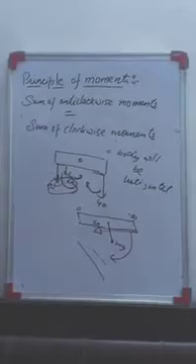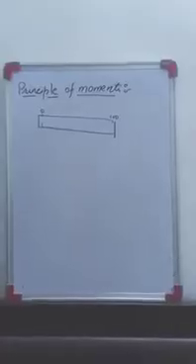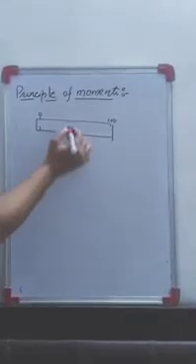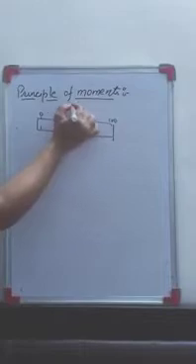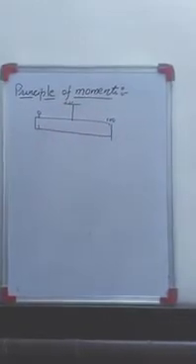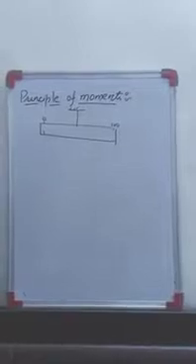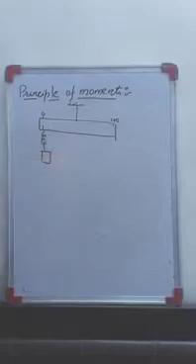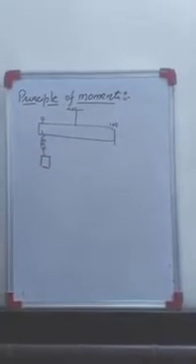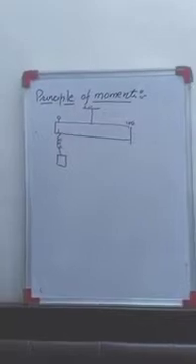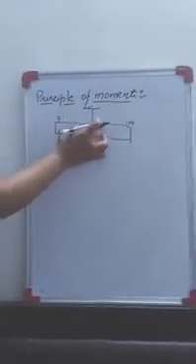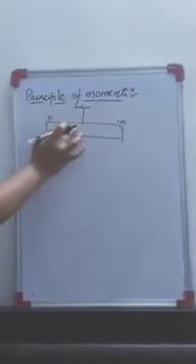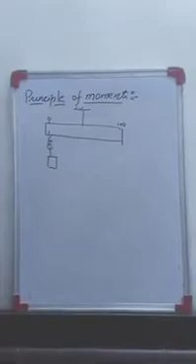Now let me take another example with the same scale. If the scale is suspended from the center, it will be horizontal. But now, with the help of a spring balance, if I put a weight over here, in which direction will the scale rotate? As the weight of the body is acting at the center, initially it was in a horizontal position, in the equilibrium position.